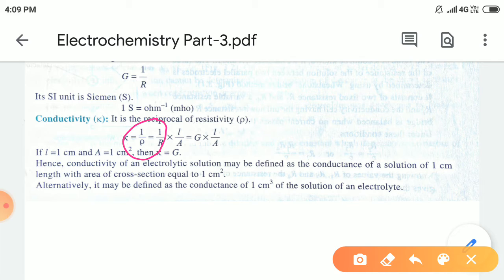So kappa will be equal to 1 upon R into L by A. Finally, 1 upon R is equal to conductance, that is G. So kappa will be G into L by A. If length is equal to 1 centimeter and cross section area is equal to 1 centimeter square, at that time conductivity, that is kappa, is equal to conductance.